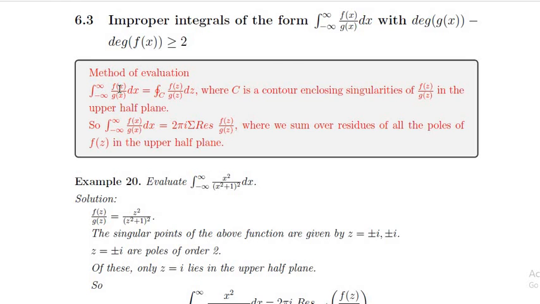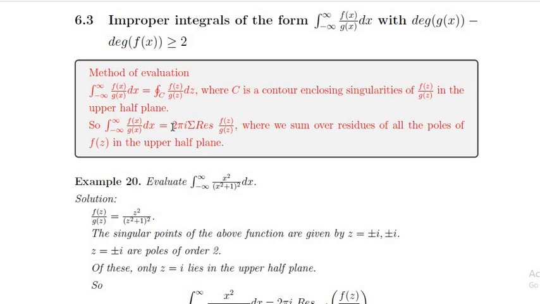Integral minus infinity to infinity f of x by g of x dx can be converted into a contour integral by replacing x by z, so that the real integral equals the contour integral over c f of z by g of z dz, where c is a contour enclosing singularities of f of z by g of z in the upper half plane.